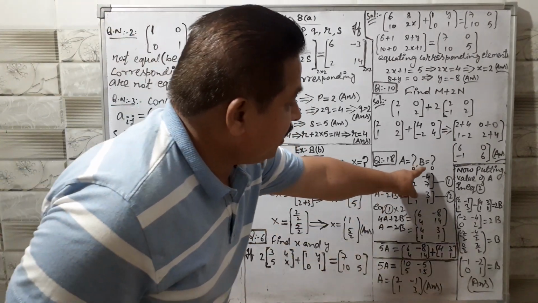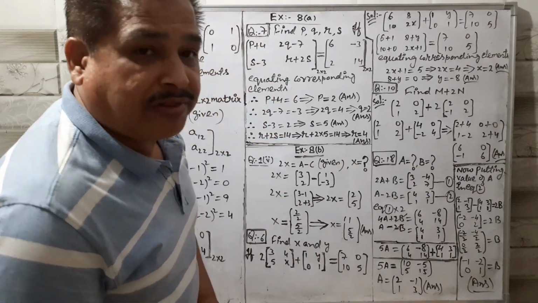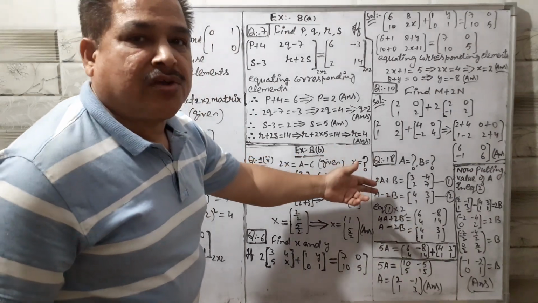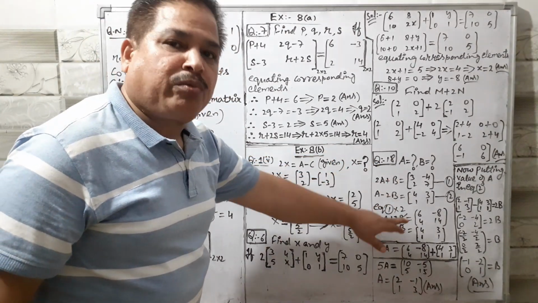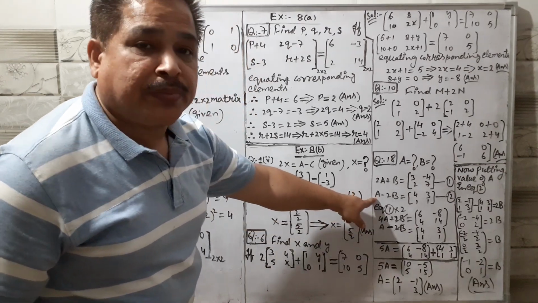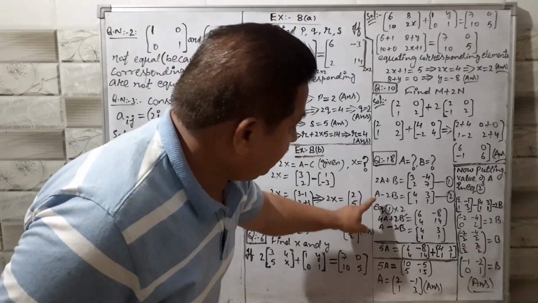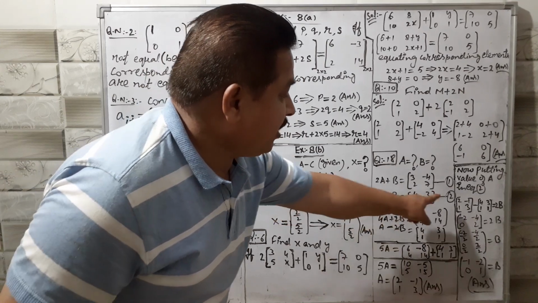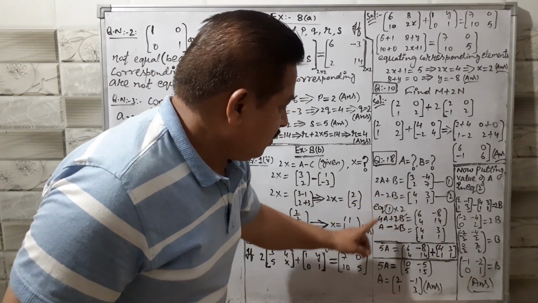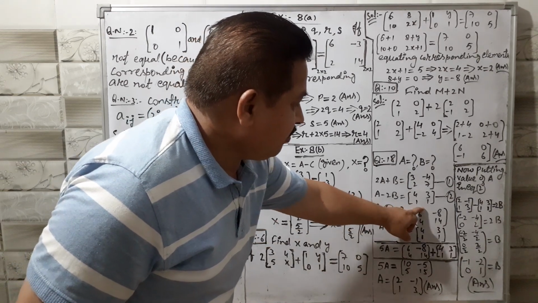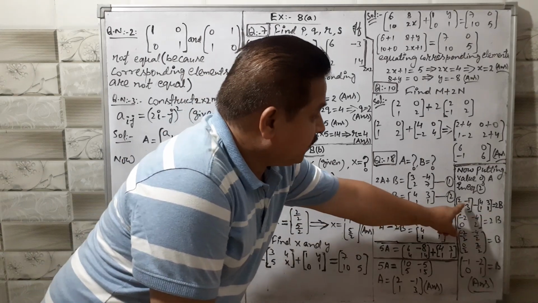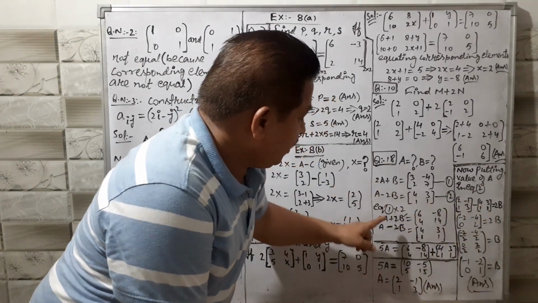Now get the value of B. How can we calculate the B value? By putting the A value in any one of the equations. Either put in 1 or you can put in 2. So I am putting this A value in equation number 2. Place of A, write this. And 2B, shift that side, and take this matrix this side. So A minus this matrix. See here, putting in equation number 2.